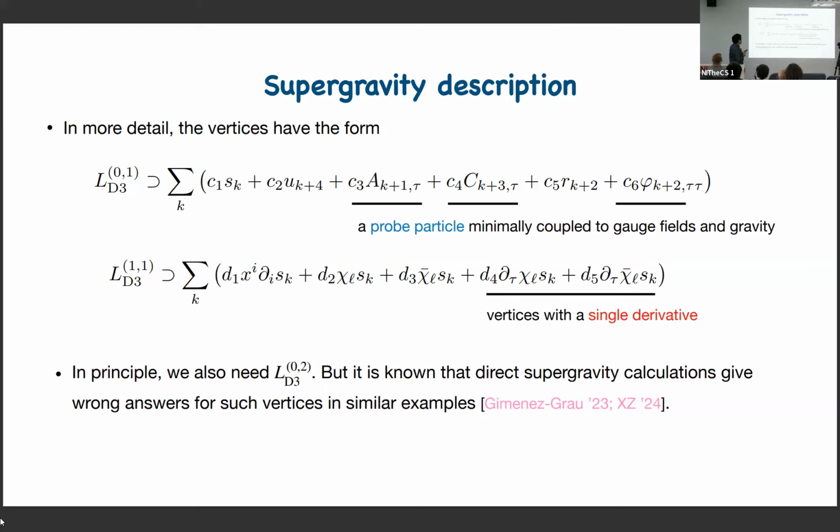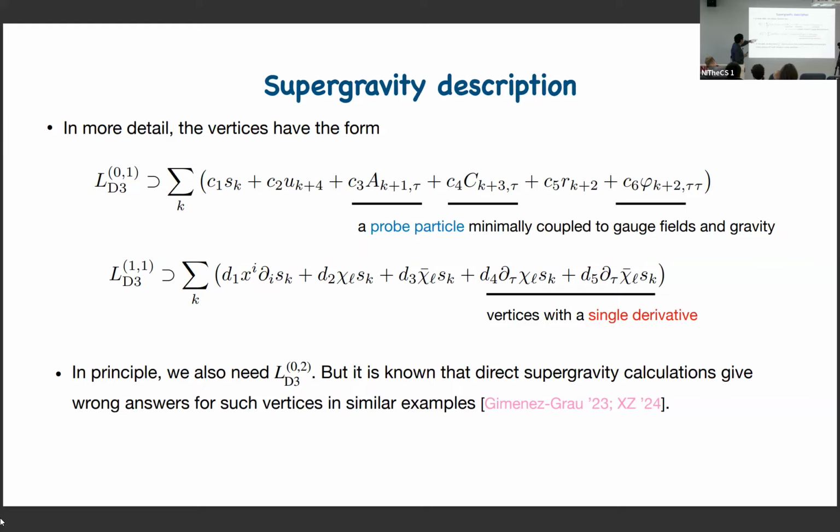The nice feature you see here is that it's not only coupled to the scalar bulk fields, but also to the spinning ones. This is a vector, these two are vector fields, this is the spin 2 field, and you can see it couples in the way of a minimal coupling. This is also what we expect for a particle in the presence of background fields.